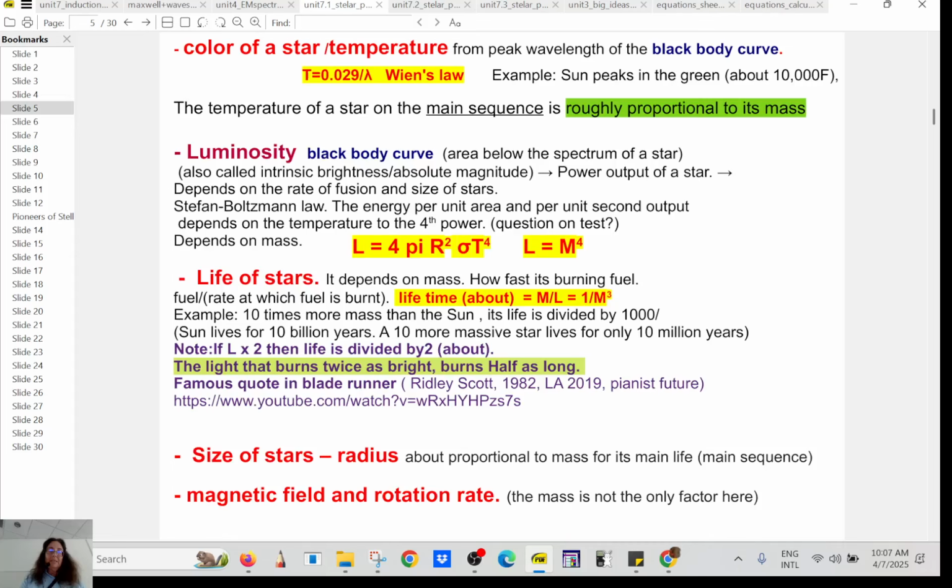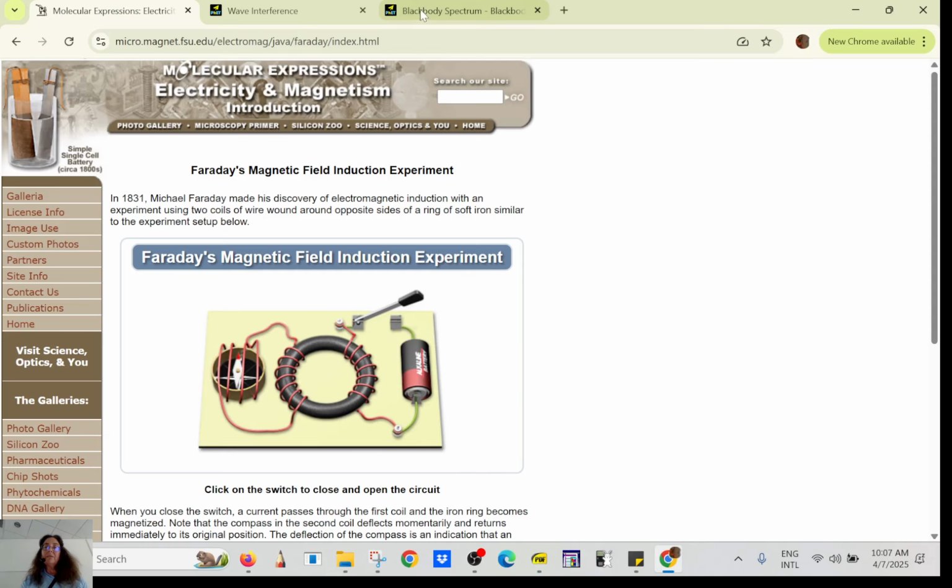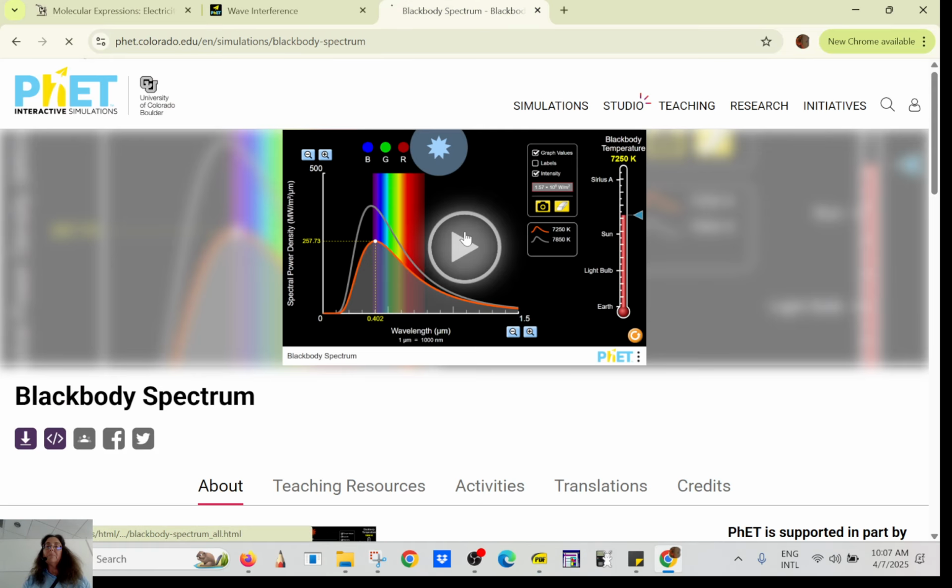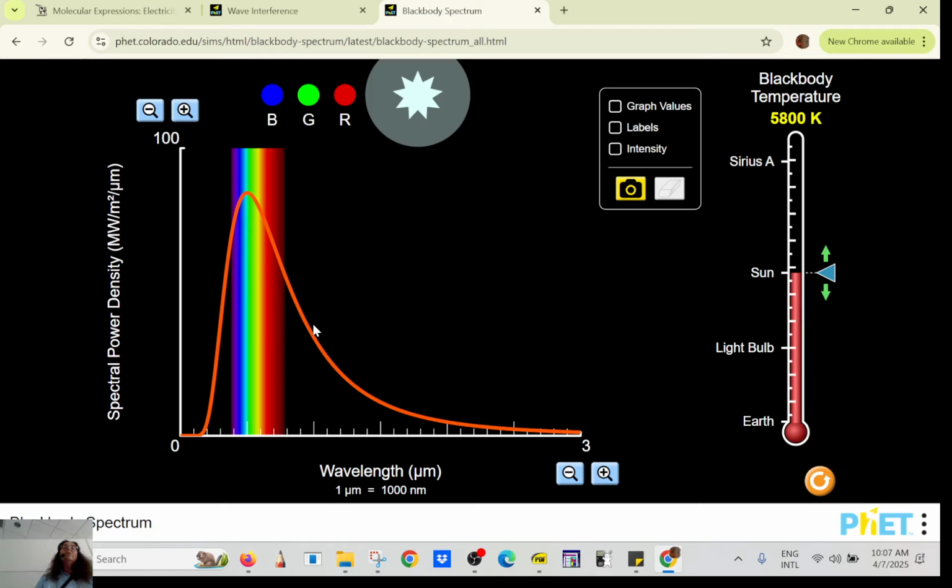Okay, and we talked about the black body curve, the black body spectrum. That was developed in 1900 by Max Planck, and it was just the beginning of quantum physics, but not quite.